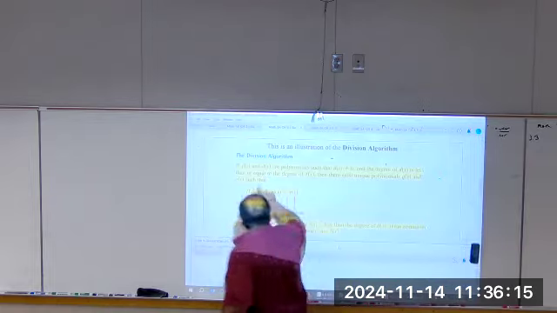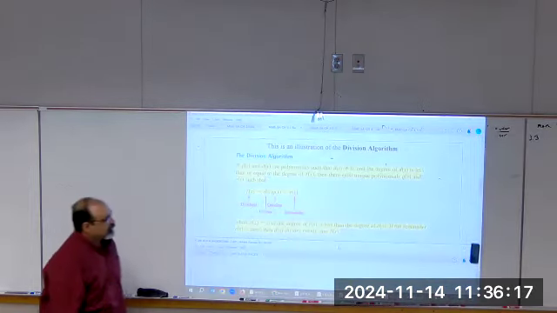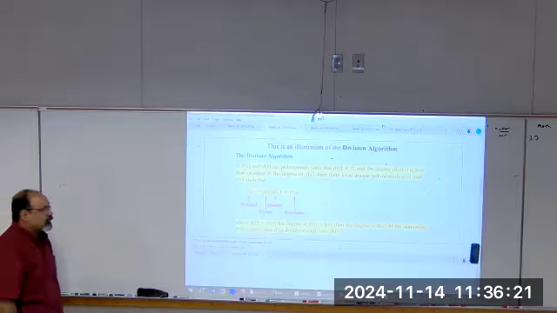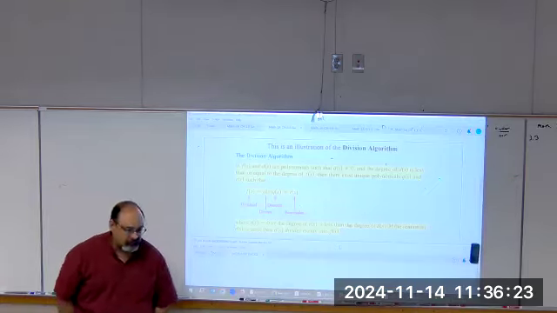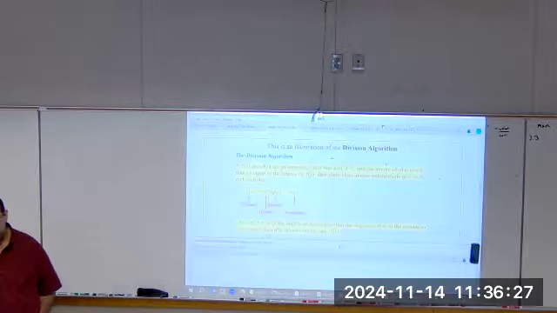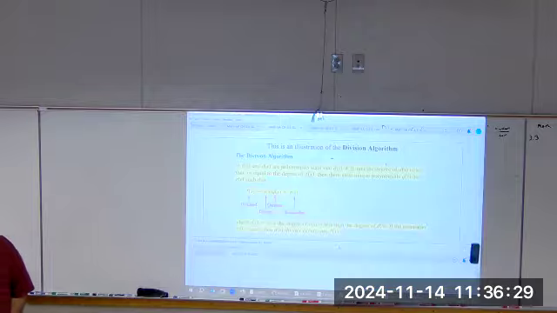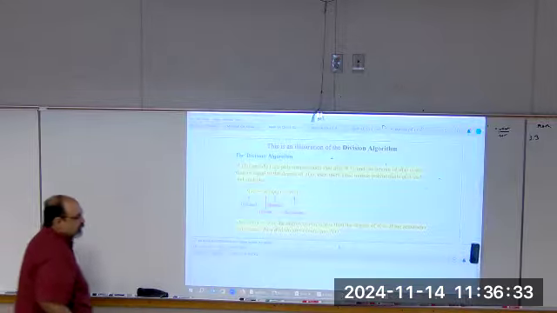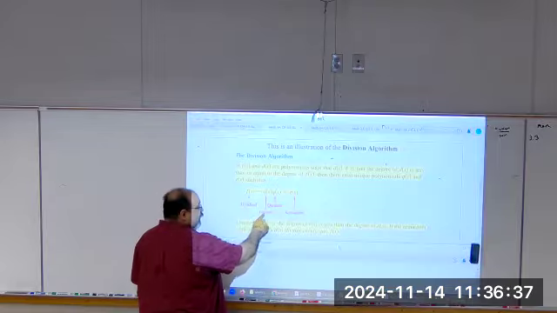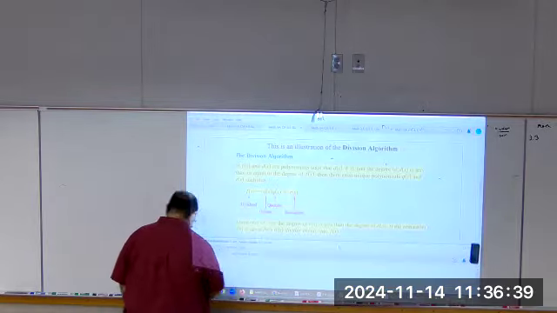If f of x and d of x are polynomials such that d of x isn't equal to 0, and the degree of d of x is less than or equal to the degree of f of x, then there exist unique polynomials q of x and r of x such that f of x is equal to d of x times q of x plus r of x. This function f of x, the dividend, is equal to the divisor times the quotient plus the remainder.